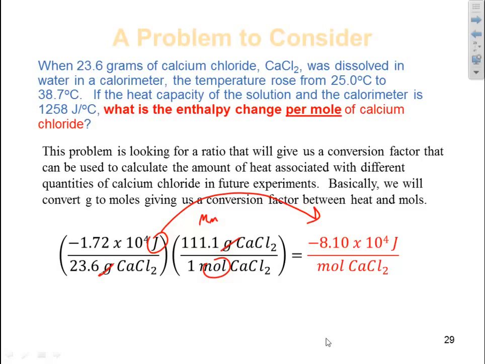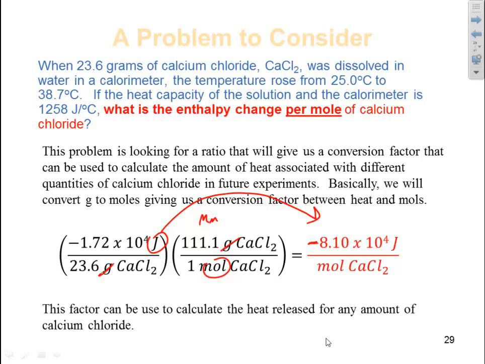So if I have 1 mole of calcium chloride, I know that 8.1 times 10 to the 4th joules of heat will be released. That's what that negative sign is telling me. This factor can be used to calculate heat release for any amount of calcium chloride.